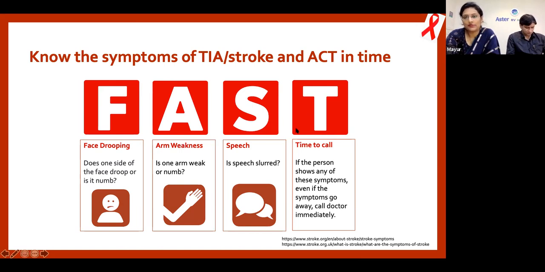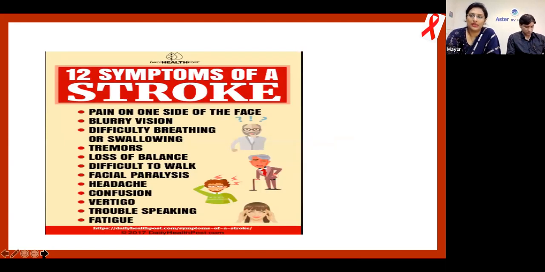And T means time: if you recognize this, it's time to ask for help, take the patient to the hospital, or call the doctor immediately. Now, these are the common symptoms. Apart from these, there are some other symptoms you should be aware of: headache, loss of consciousness, behavioral disturbances, vomiting, fits, numbness on one side of the face or body, difficulty in swallowing, gait imbalance, confusion.